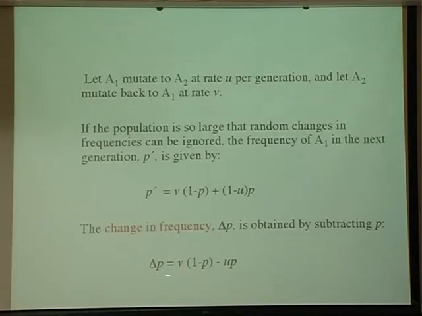And if you do a little bit of algebra, which I'm not going to do, you can get this result. Delta P is equal to v times 1 minus P, minus uP. So as you might expect, the change in allele frequency is dependent on the pre-existing allele frequencies and the two mutation rates. So it's a very simple linear equation for the change in frequency of a variant under mutation pressure.